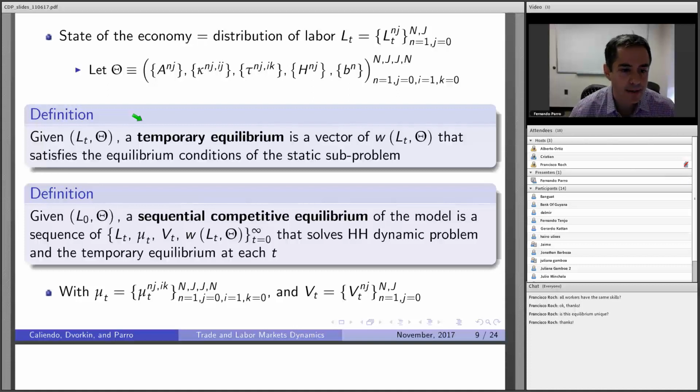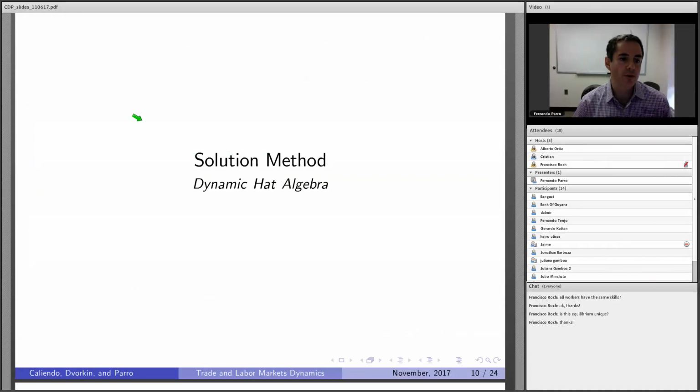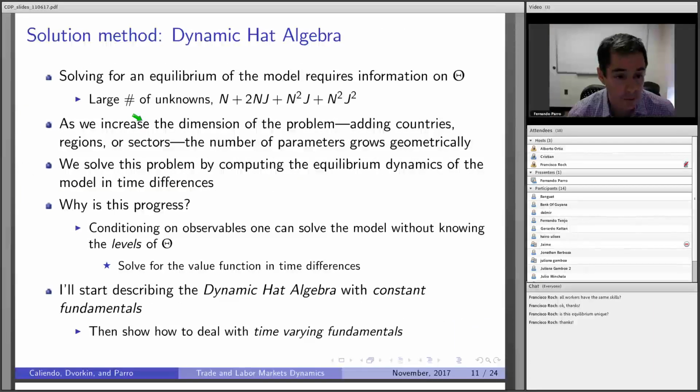From this slide, it's pretty evident that solving this model requires information on the whole set of unobservable fundamentals, on the whole set theta. And this may be unfeasible in the context of a model with many industries and many regions.